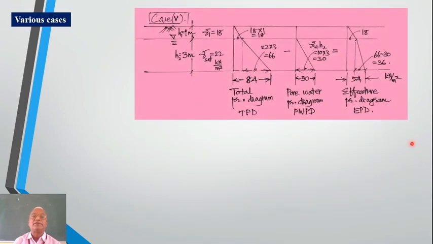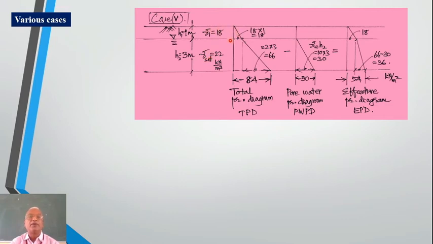Okay, now there is a case where the water table is at a depth of 1 meter, and inside this dry region the unit weight of the soil, gamma 1, is 18 kilonewton per meter cube, and below the water table the saturated soil has 22 kilonewton per meter cube, and we are talking at a depth of 3 meters. Now if I want to draw a diagram, it will be the total pressure diagram, TPD, because of the existing full unit weight, right?